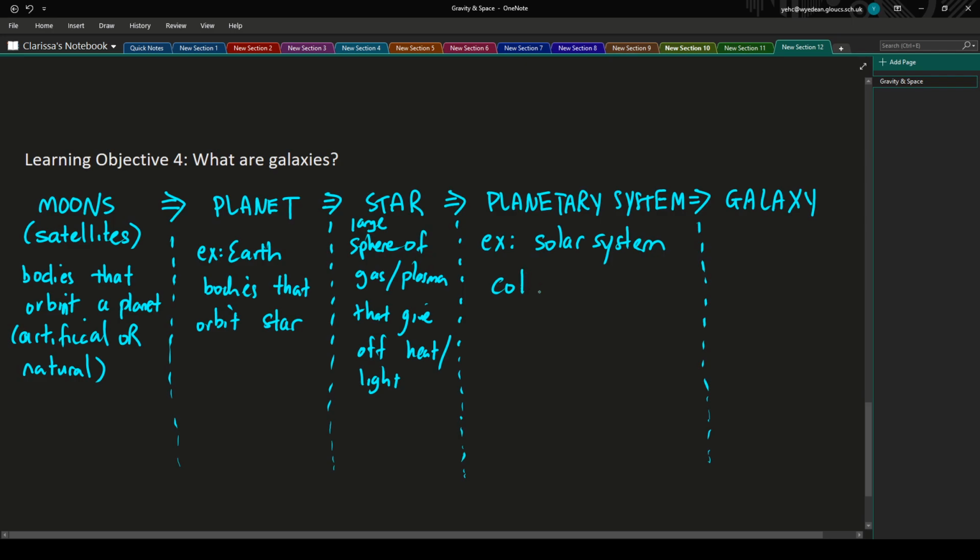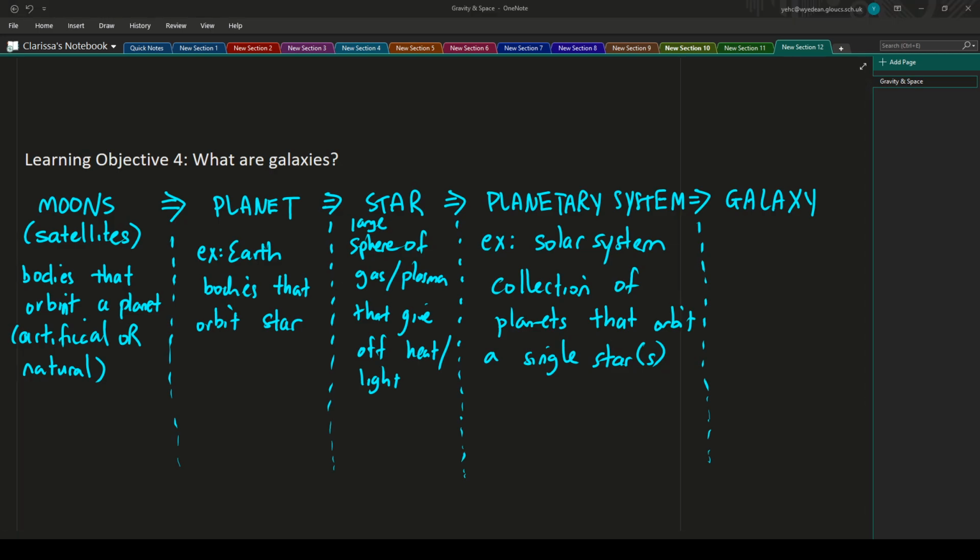which is a collection of planets that orbit a single star, or stars, because we found some planetary systems where there's like 2 stars. Too many to count. There's like millions upon millions, hundreds of millions of other solar systems.